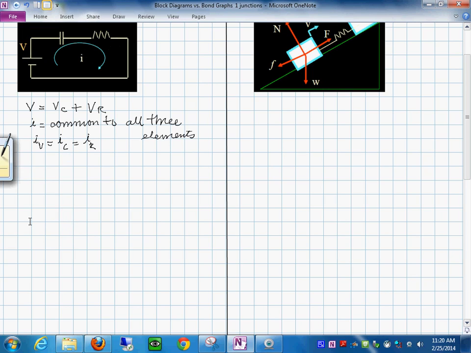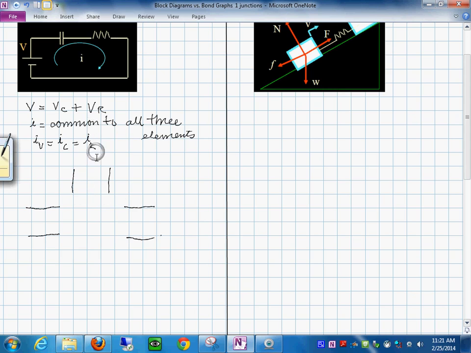So how should we do this in terms of a block diagram? In here you have a connection of the, let's say, of the voltage source, and then you have the equation of the, this would be the C element, and of course you have a connection to the R element on this side like this.